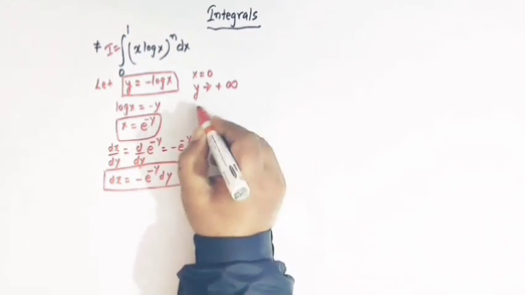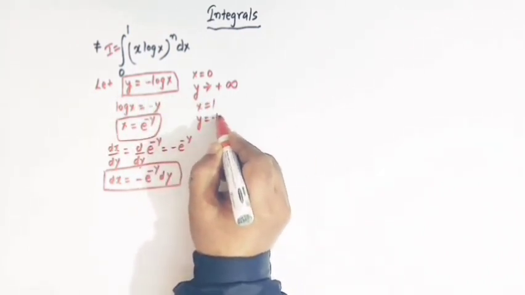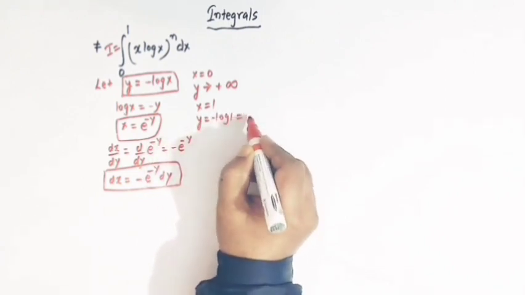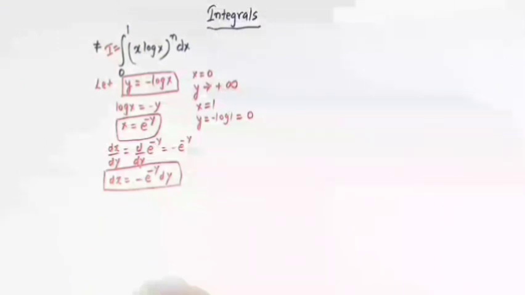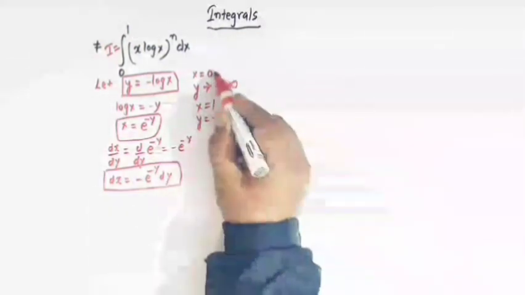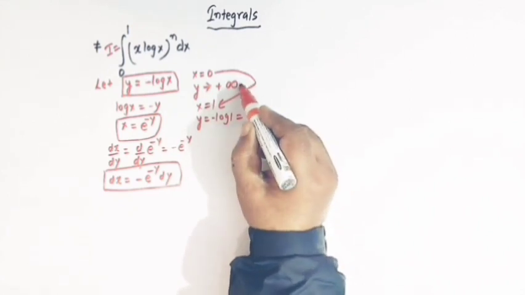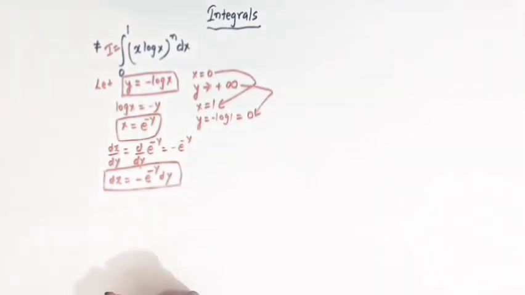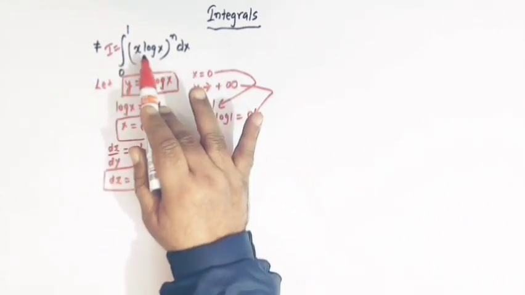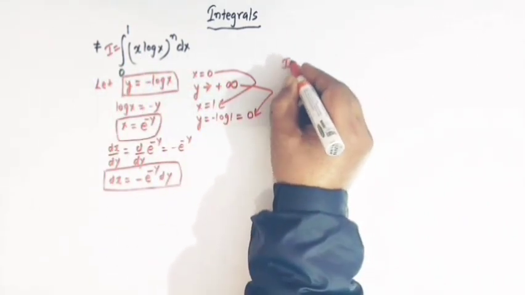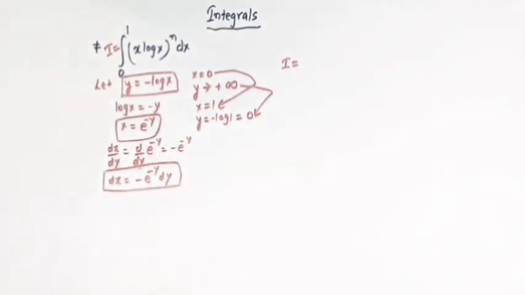And similarly, when x is 1, then we have y is equal to minus log of 1. So that is equal to 0, because log of 1 is equal to 0, right? So when x goes from 0 to 1, then y goes from infinity to 0, right? So now we can rewrite this integral I in terms of the new variable y.